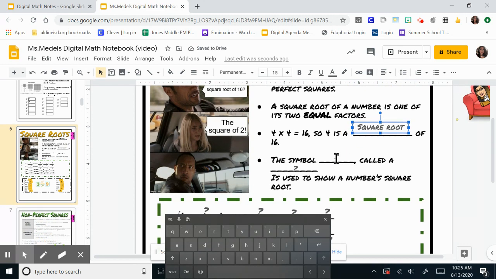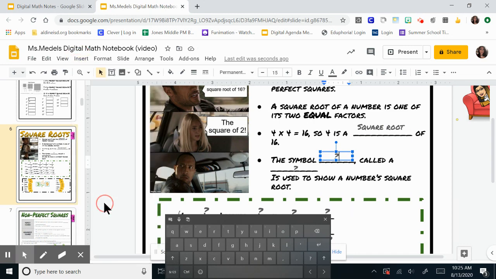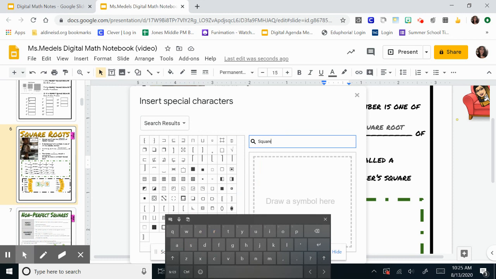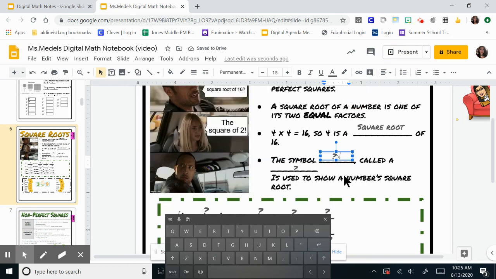Now the symbol, if you don't know how to put that symbol, if you go to Insert and you go to Special Characters, if it doesn't pop up automatically here, you can actually type it in. And it is a square root symbol. All you have to do is click, and it is automatically placed in there.